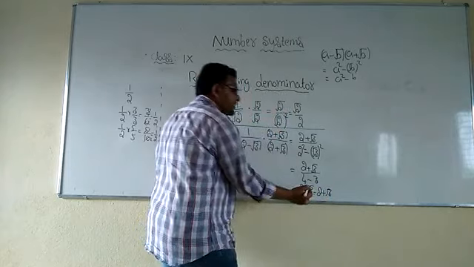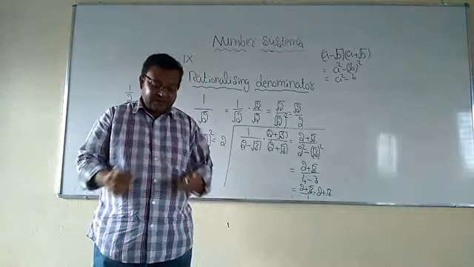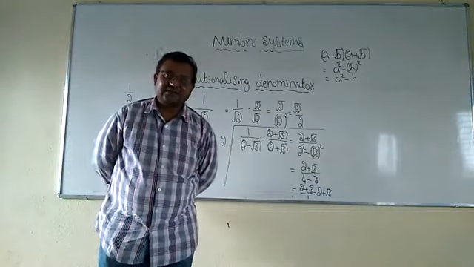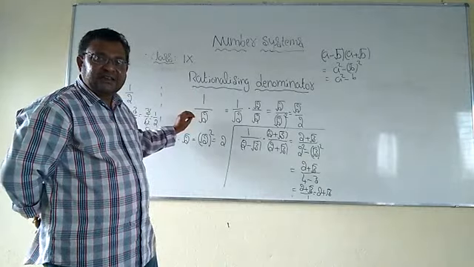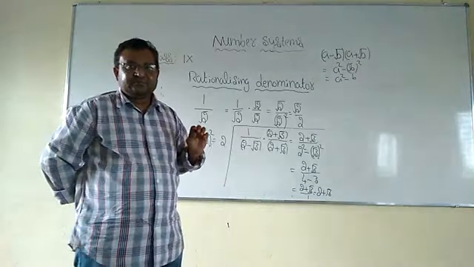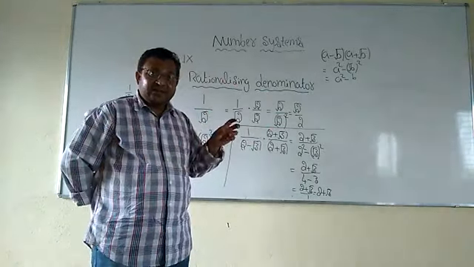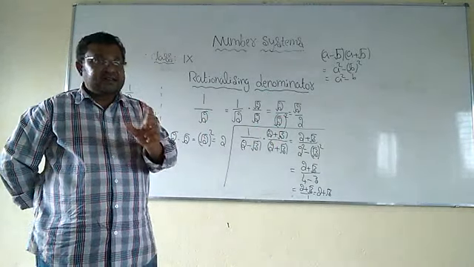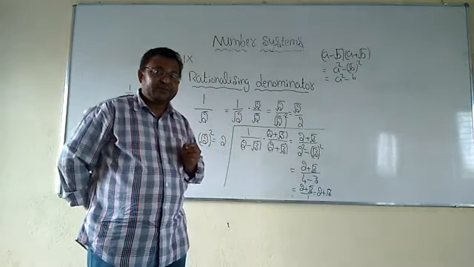Now how much is the denominator here? 1. 1 is a rational number. So rationalizing the denominator is a process. What process is it? If a denominator is an irrational number, the process of changing that irrational number to a rational number is said to be rationalizing the denominator. Once again I will tell.